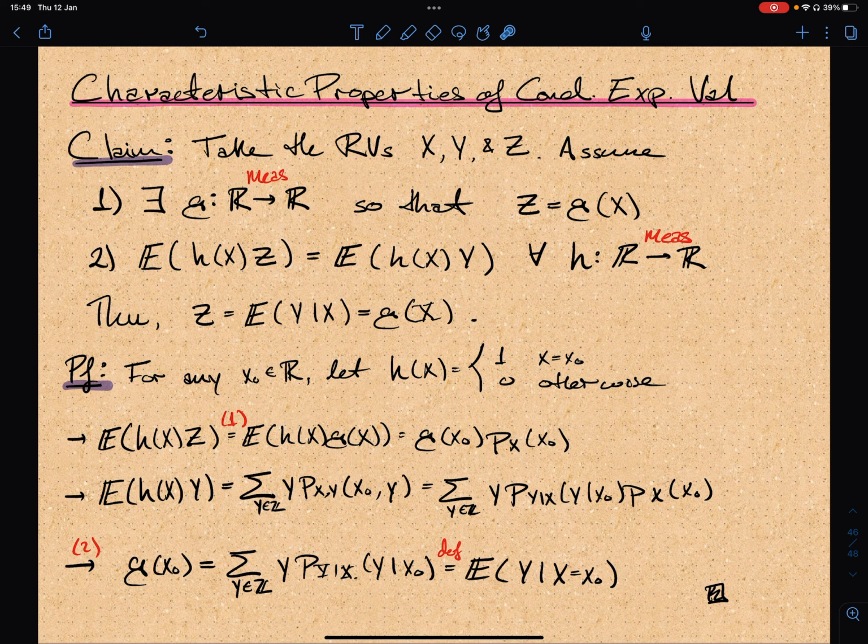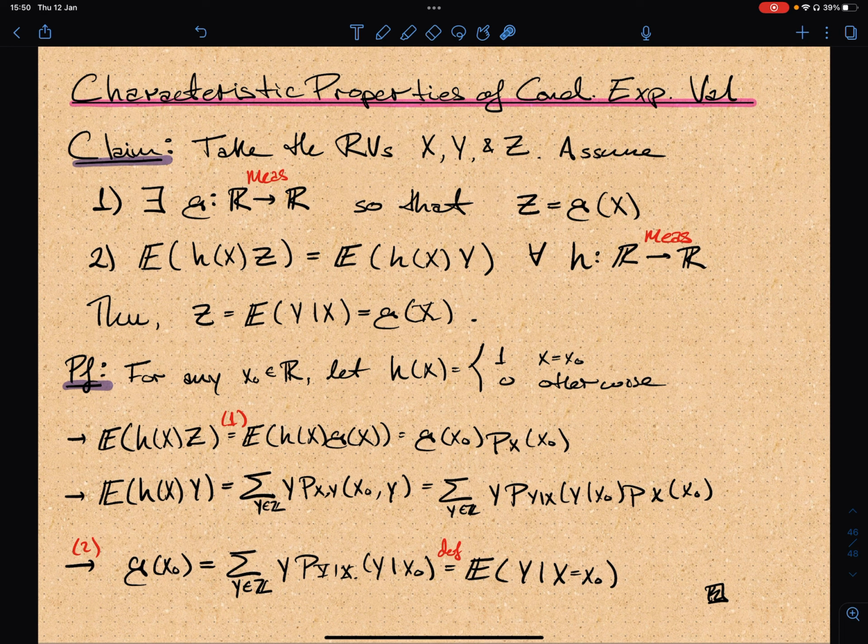So first of all, the first property is almost automatic. We know that the conditional expected value has to be some function of x. So this is just reasserting that condition. And the second assumption is that this identity holds.